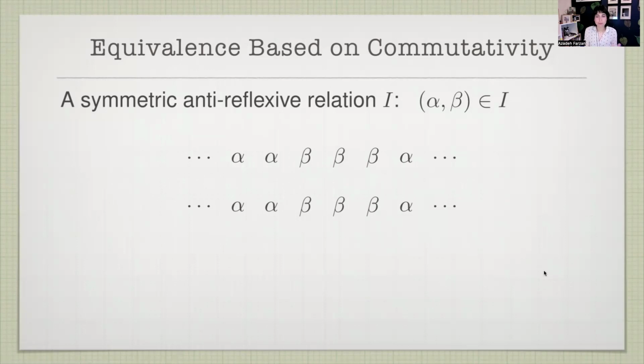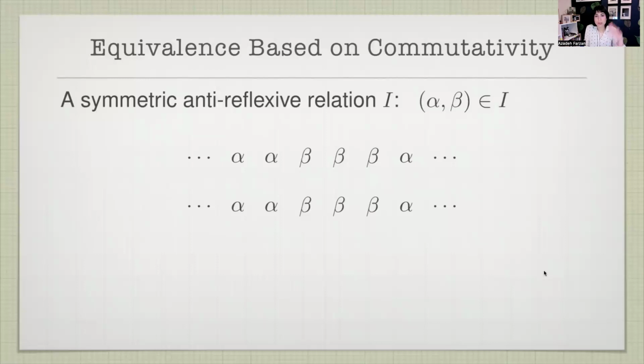For people who may not have any background in this, here is a very flash intro: if you have a symmetric anti-reflexive relation, which we call independence or commutativity, on individual actions that appear in program runs, then it immediately gives you an equivalence relation.